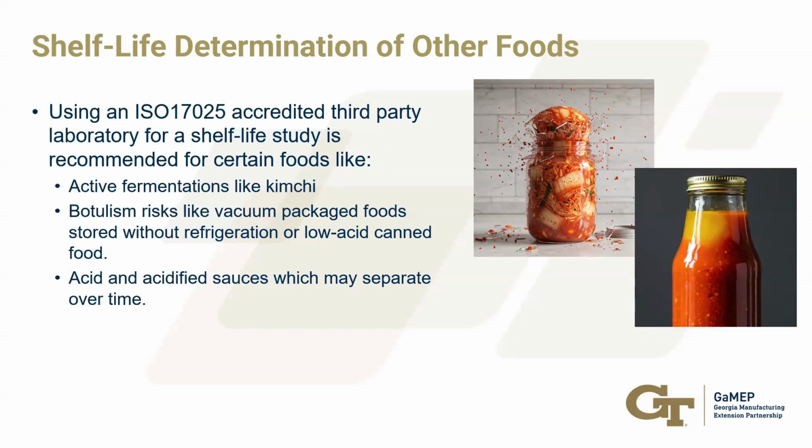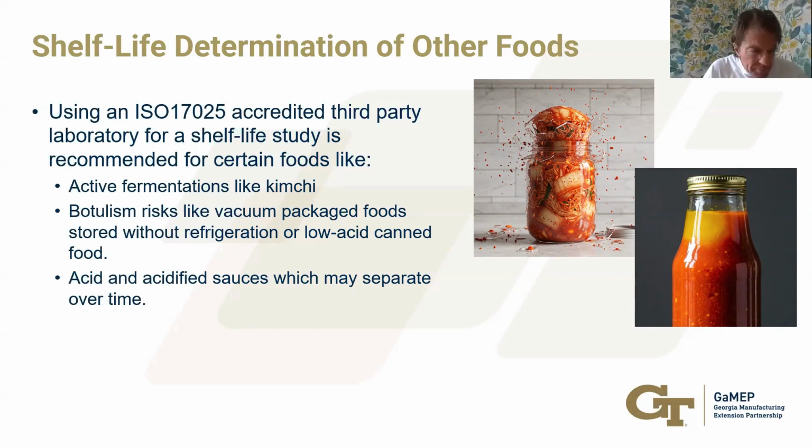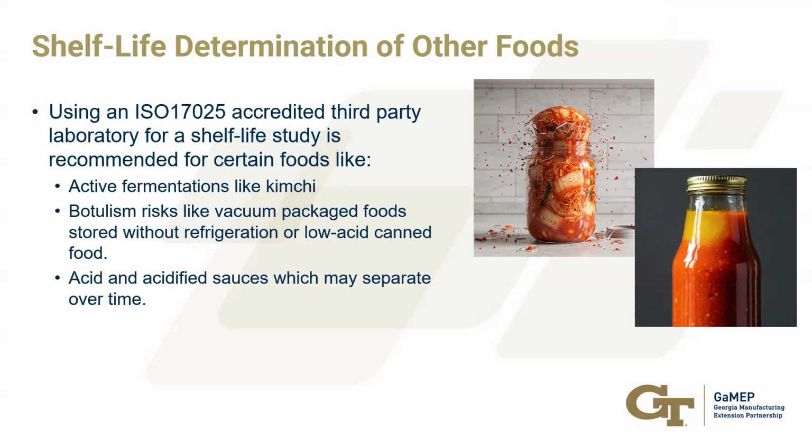And if those sauces separate, there could potentially be an environment where microorganisms like botulism might be able to thrive. But they can't thrive if the product is not separated and it's properly emulsified. So if you have some unique risks with your sauces and you're trying to get a very long shelf life on that sauce, you might want to use a third-party lab.